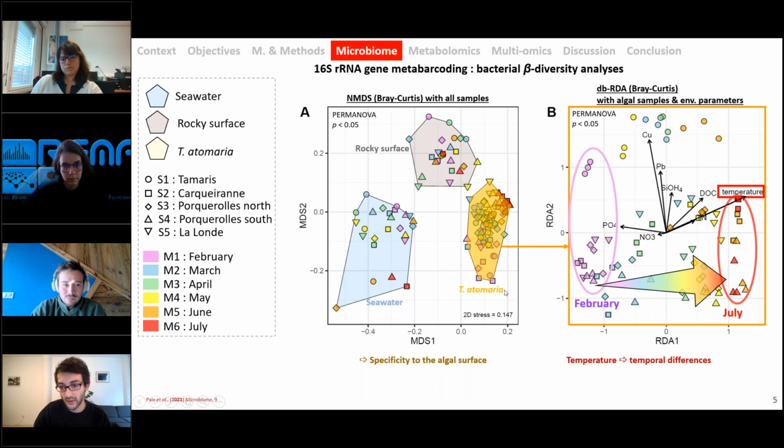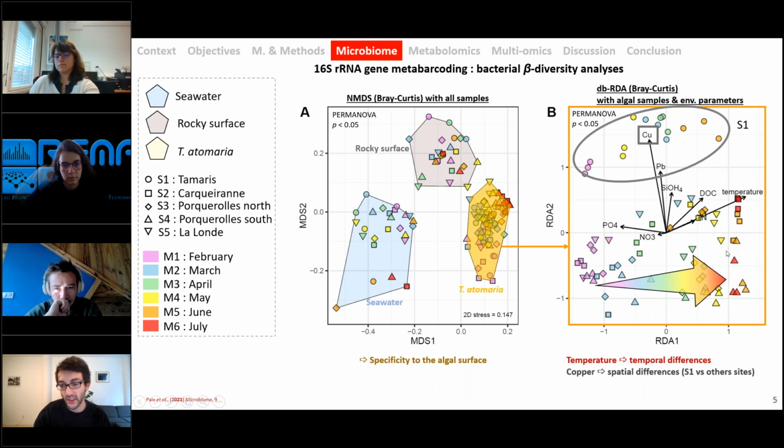There are first temporal differences, from February to July, which are explained by the temperature increase. But there are also spatial differences, especially with the site S1, which is highly contaminated by copper, and to a lesser extent lead.